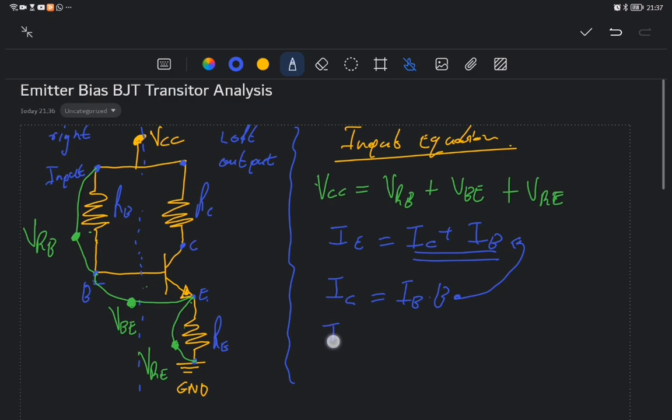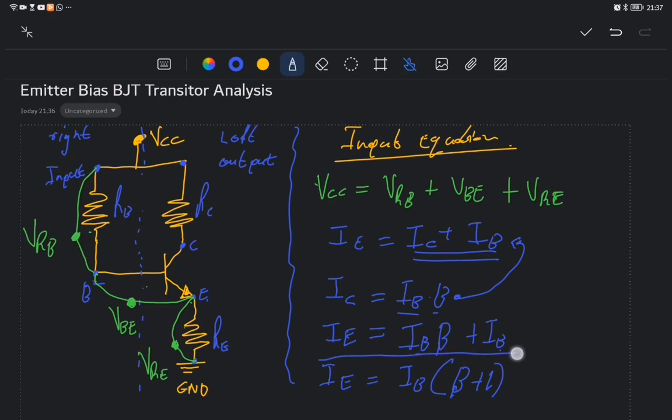So we're going to substitute IC, and IE is equal to IB beta plus IB. Then we notice that we have a common factor, we can take it out. Therefore IE is equal to IB open beta plus 1. So this is what I was looking for.